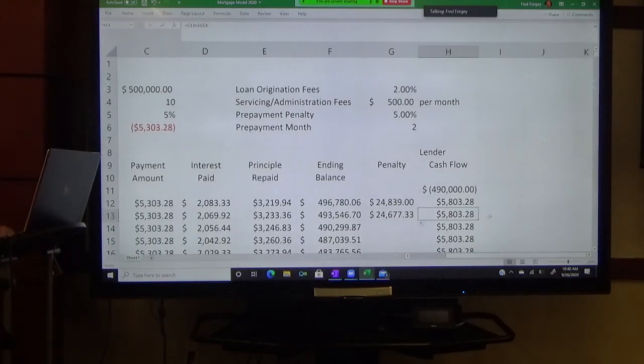So in other words, it's going to have those plus the ending balance plus the prepayment penalty. So the total cash flow is going to be $524,027.31.